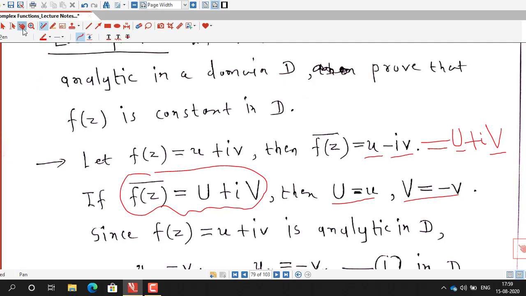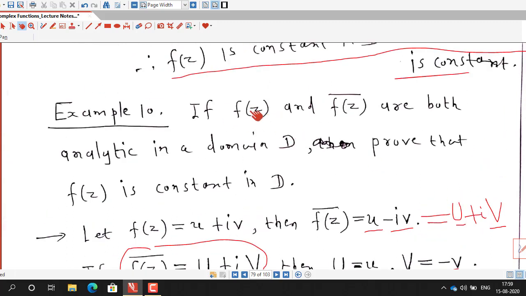So the real part of the conjugate of f of z is small u and the imaginary part of the conjugate of f of z is minus small v. Now we use these two conditions.